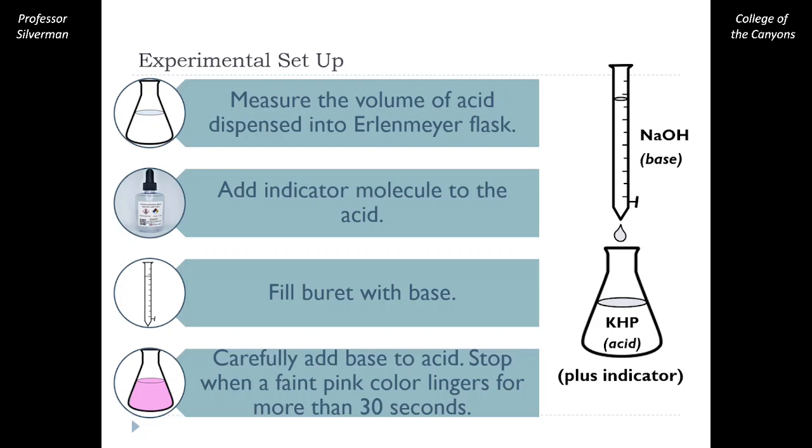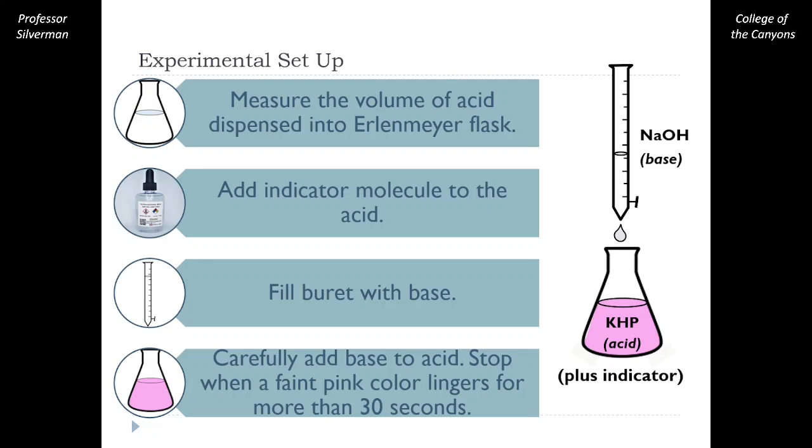We'll put a few drops of our indicator molecule into that flask down below. Since it's in an acid, it's colorless right now. Once everything is set up, we can start to carefully add our base to our acid. And when the solution turns pink, that means our reaction is done.